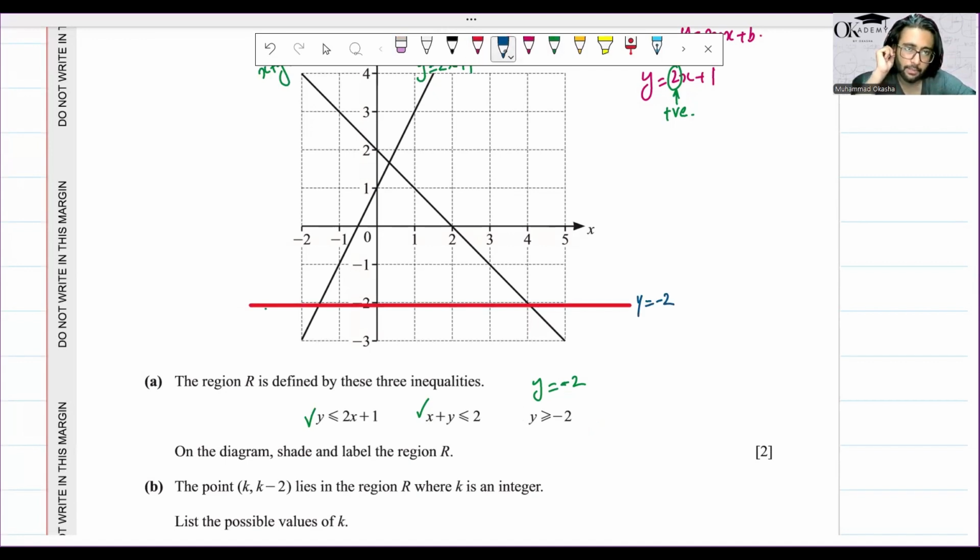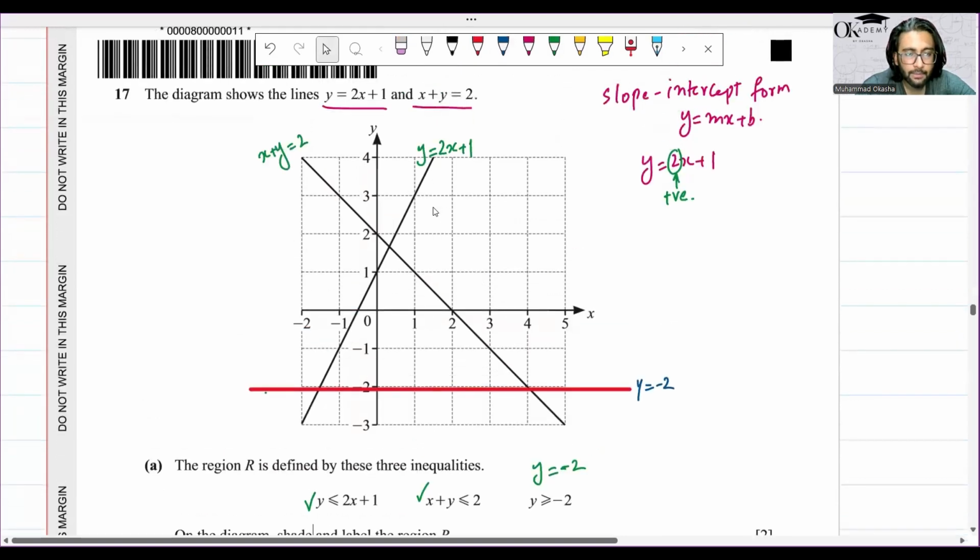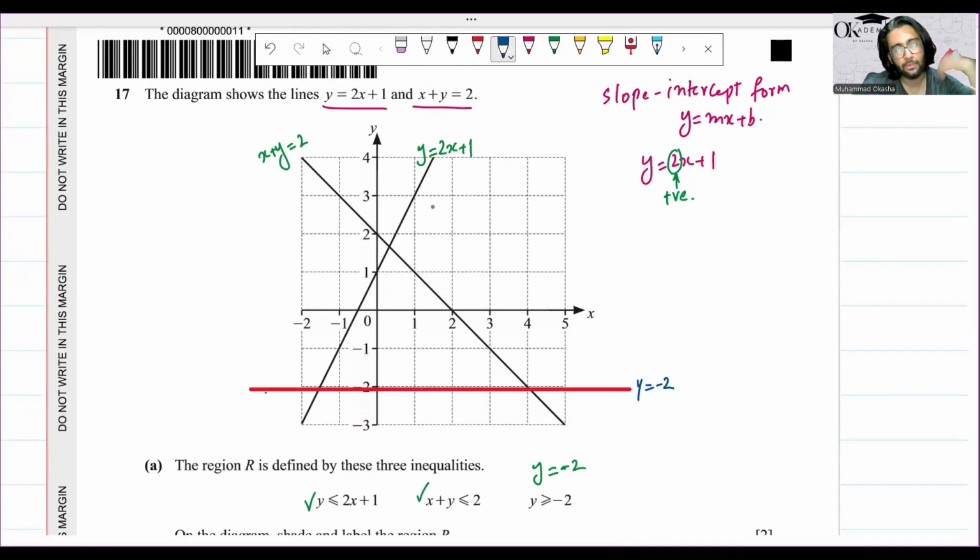Okay, so let's talk about the shaded region. If y is less than or equal to 2x plus 1, less than or equal to means the area below. I'll put these lines temporarily, and we'll shade the area once we finalize which area is being shaded.